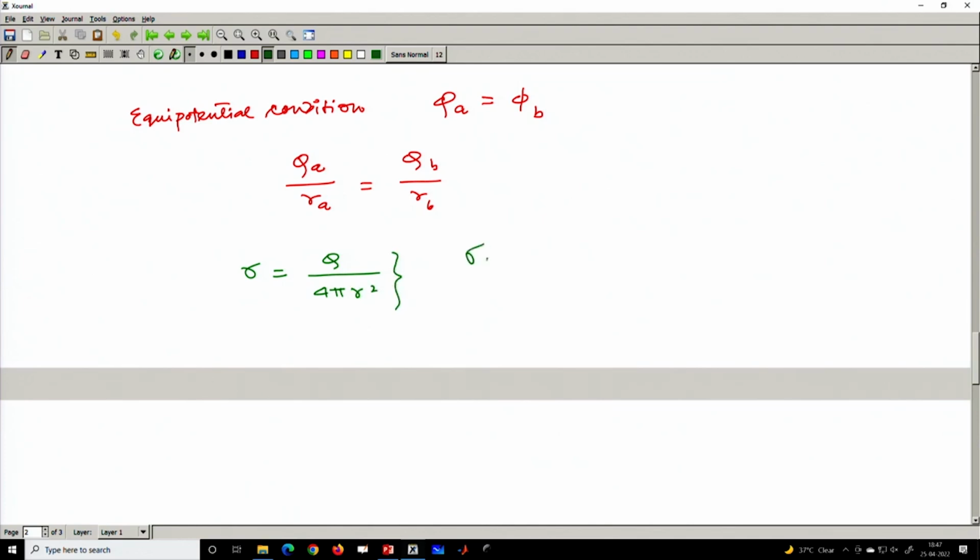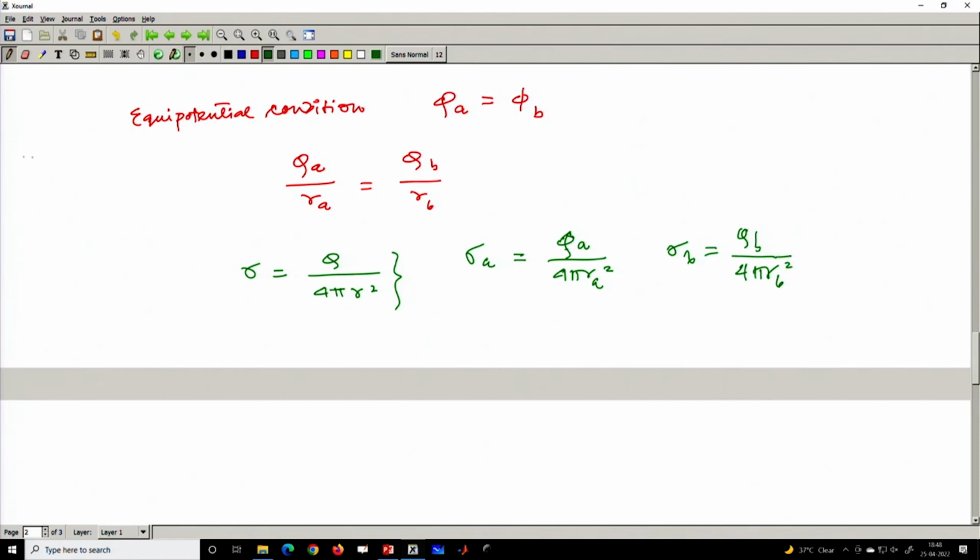So, sigma A is simply Q A divided by 4 pi R A square, and sigma B is Q B divided by 4 pi R B square.